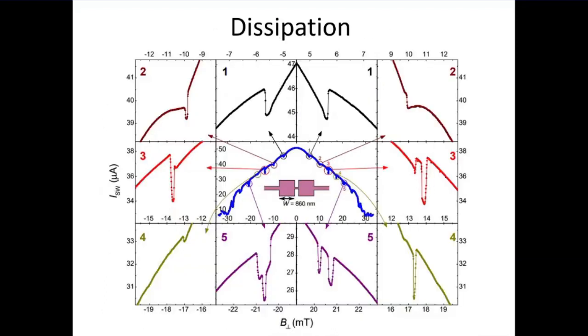Okay, and here I will now focus on one particular curve, which was also displayed before, but now I would like to see in detail what happens here. If we focus on the first, second, third, fourth vortex entry, we enlarge. Sometimes we see an enhancement of the critical current on the first vortex entry, sometimes it is a reduction.